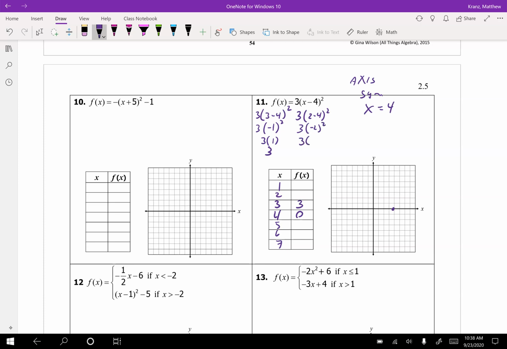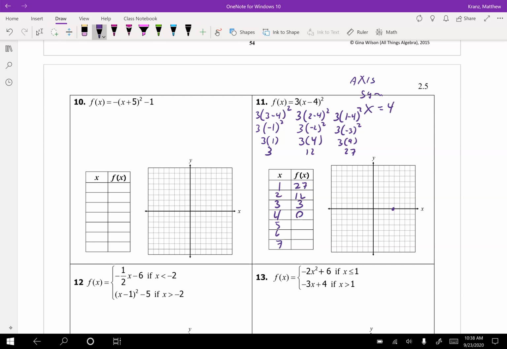So 3 times 4 is 12. All right, so now when I have 1, it's 3 times 1 minus 4 squared, 3 times -3 squared, so 3 times 9 is 27. So you see how this is getting pretty big pretty fast.